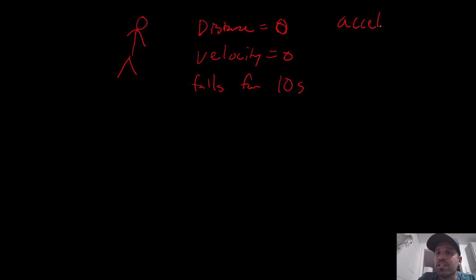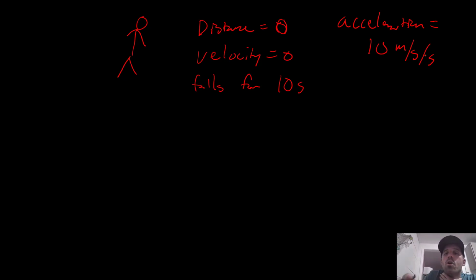So we just solved this problem before. If we know that his acceleration is still approximately 10 meters per second squared, again, this is very close to the gravitational constant for the Earth. So anybody or any object dropped from a plane would have the same gravitational constant.